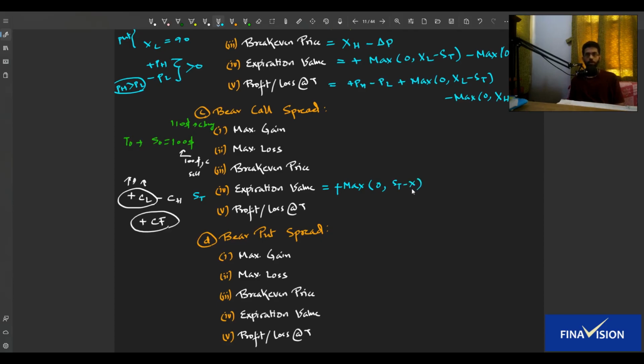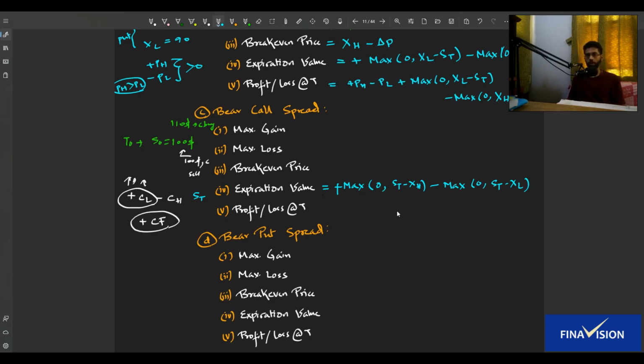Which strike did we buy, the lower or the higher? In case of a bear spread, we buy high, so this is XH. And the one we sold has the lower strike, so this is minus max of 0 and ST minus XL. Right? This is the expiration value.